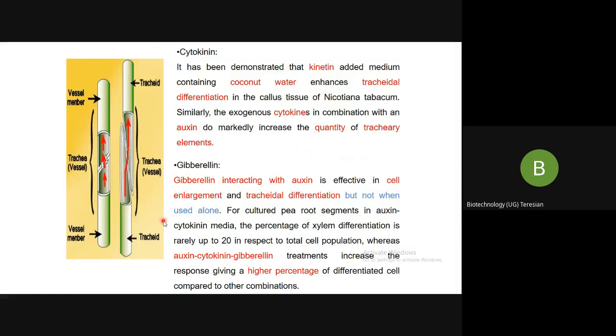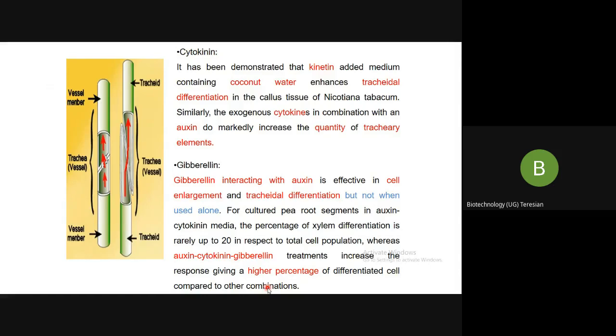For example, for cultured pea root segments in auxin-cytokinin media, the percentage of xylem differentiation is rarely up to 20 percent with respect to the total cell population. Whereas the combination of auxin, cytokinin and gibberellin treatments increases the response, giving a higher percentage of differentiated cells compared to the other combination.